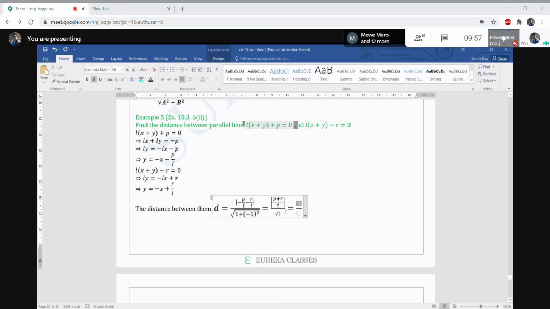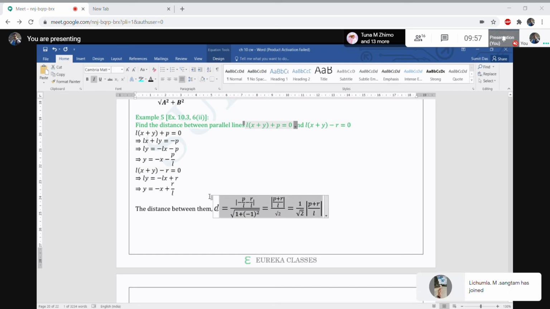Just write like this, or otherwise you can complete like this also. So that's how to do this second question.